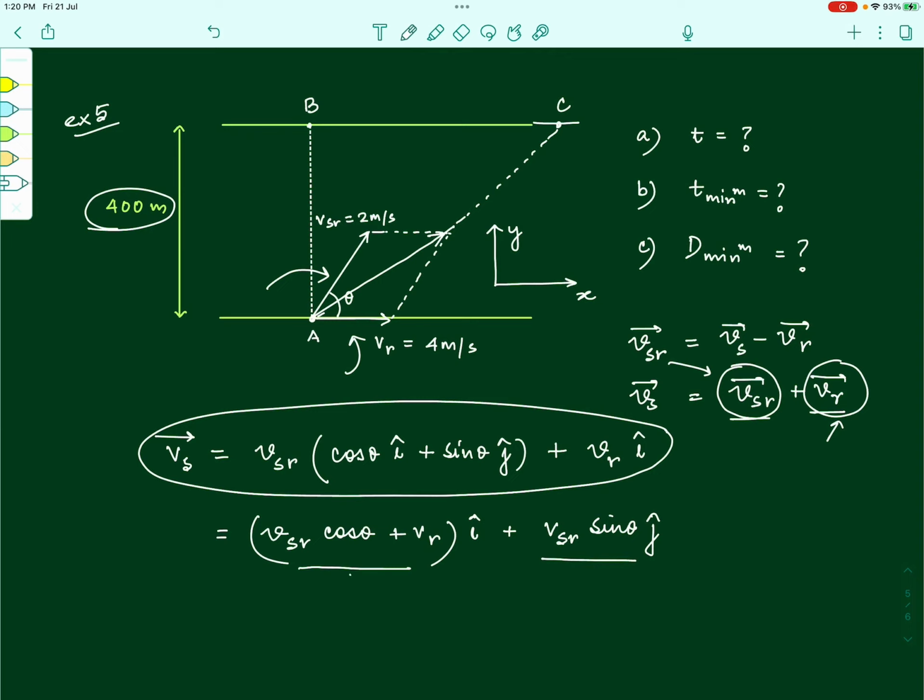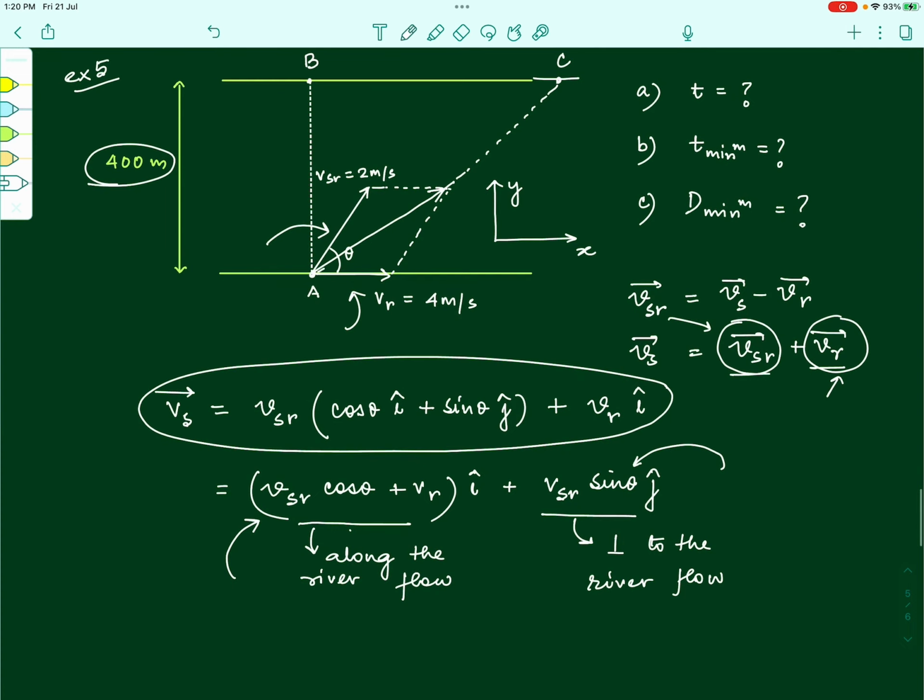This component is along the river, along the i cap direction, along the river flow, and this component of velocity is perpendicular to the river flow, right? Understand that it is this component of velocity of the swimmer which will help it cross the river, whereas this component of velocity of the swimmer will help it take a displacement along the river, so create a drift, horizontal drift, right?